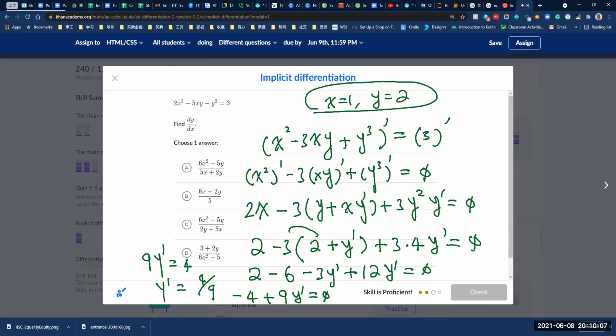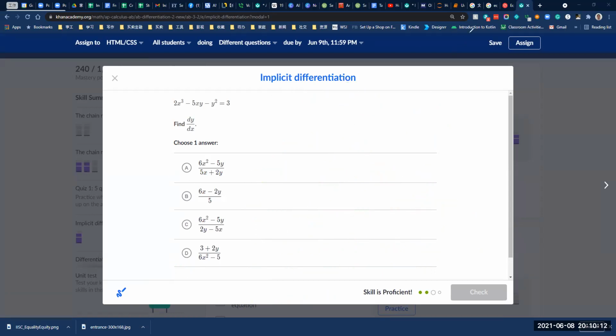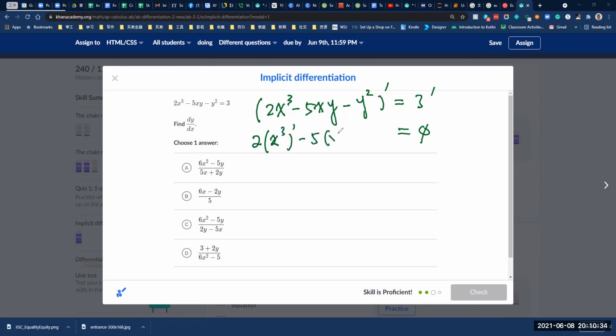Okay, I go to the next one. Now this we have to work out. But the same thing, we're going to do the derivative on both sides. And 3 prime, that's 0. That's the easy one. And here we have (2x³)' minus (5xy)'. All the constant coefficients, we can move out.